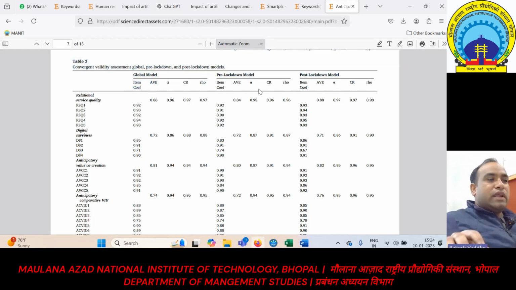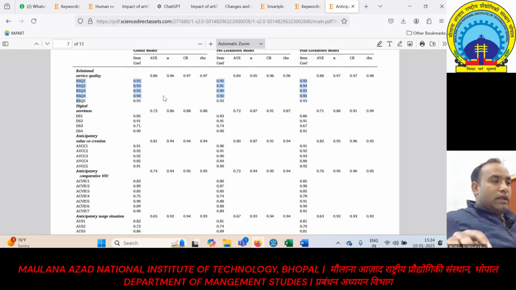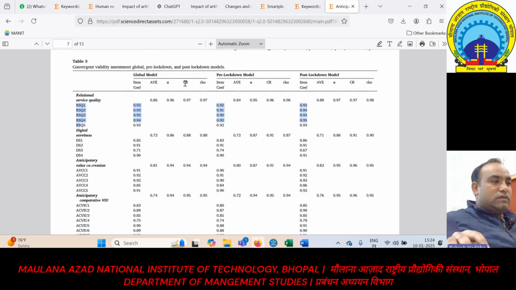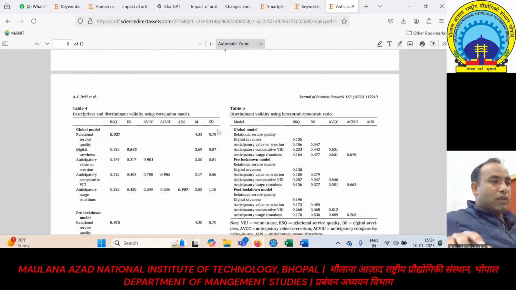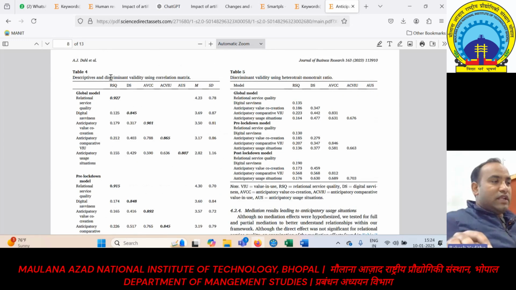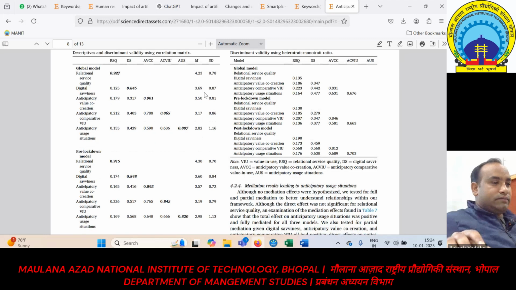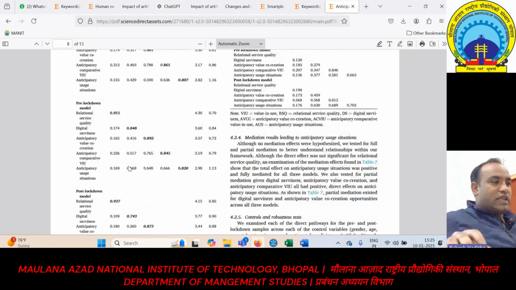For the three studies, he mentioned outer loadings and discriminant validity with the Fornell-Larcker criterion on the diagonal.